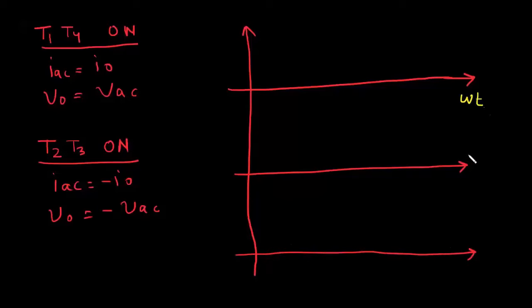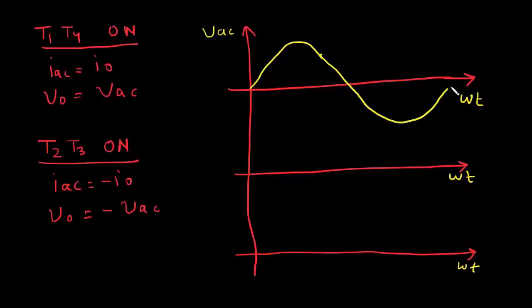So the x-axis is the time axis. VAC is a sinusoidal signal. This is pi, 2 pi, and the maximum value Vm is equal to root 2 into 230 volt.